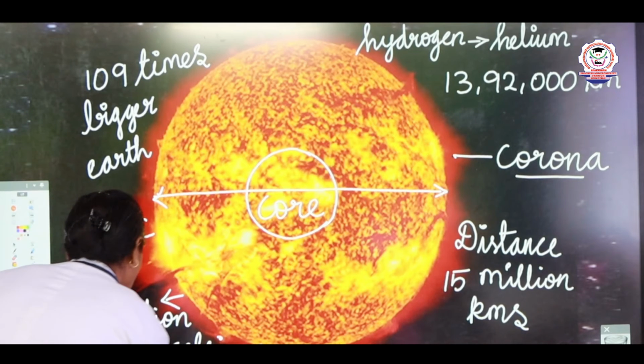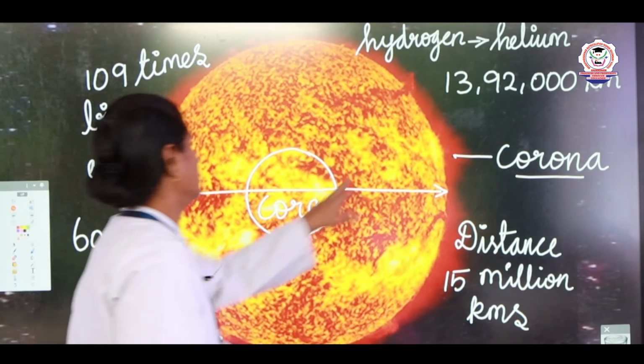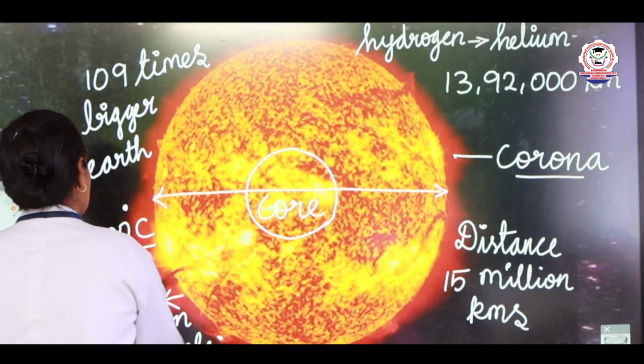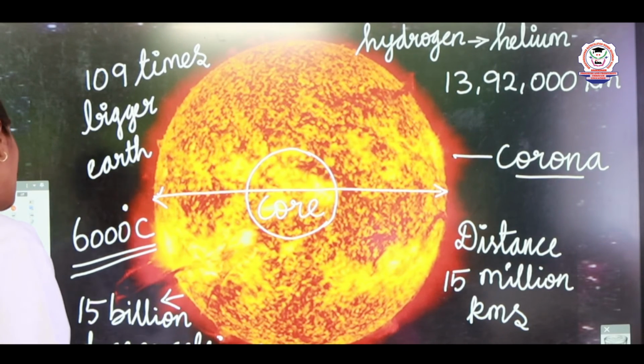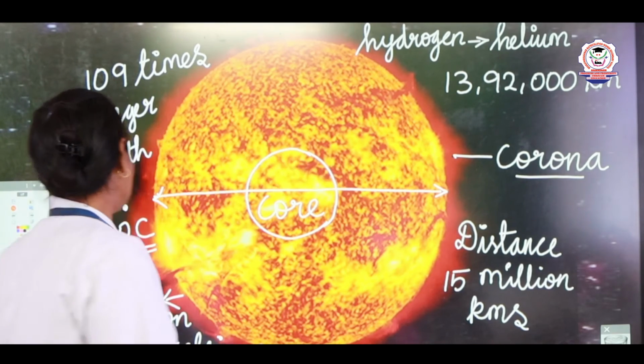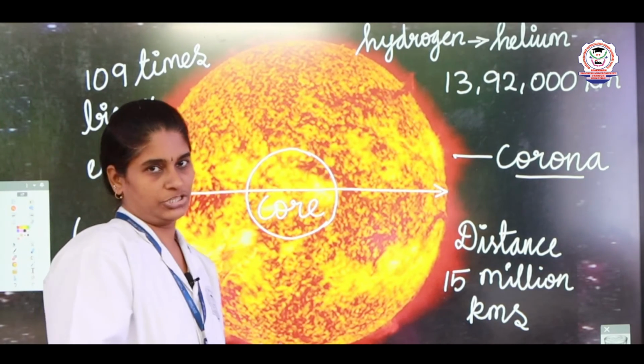At the surface the temperature is about 6000 degrees Celsius, and at the center the temperature of the sun is about 15 billion degrees Celsius.